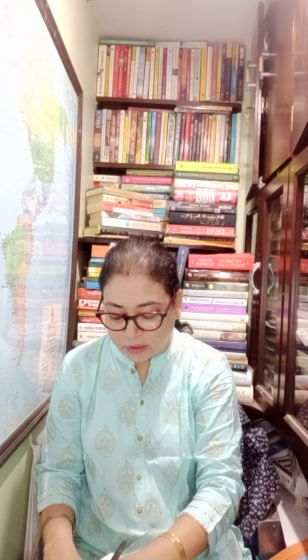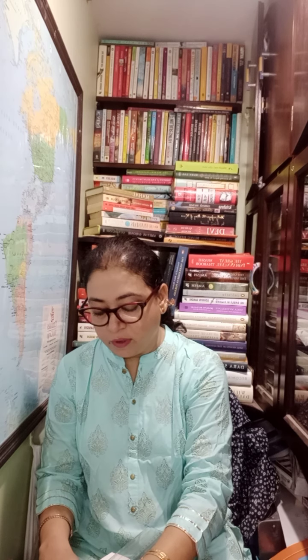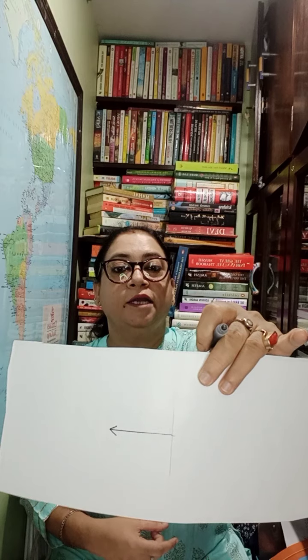Measurements need to be specific, then your experiment will not have any errors. Okay, so this is an arrow headed, see, just 5 centimeters at the center, and then you can see one slit kind of a thing is there. This slit, I'll tell you what should be the height of this slit.